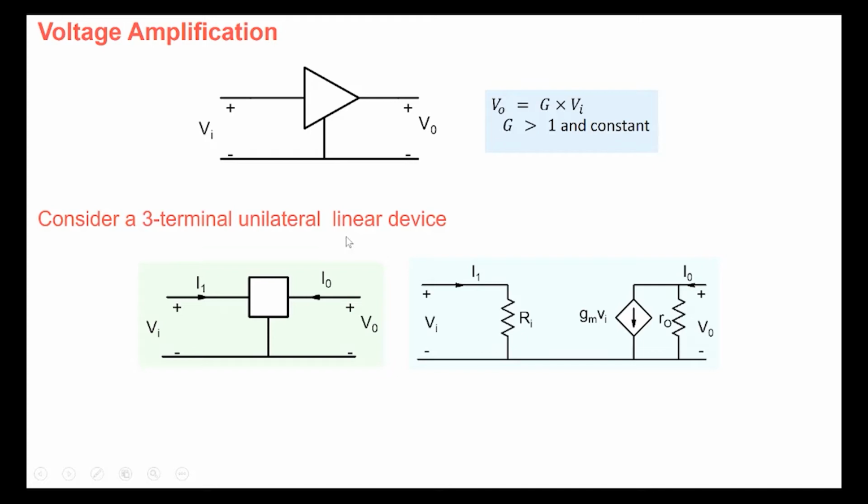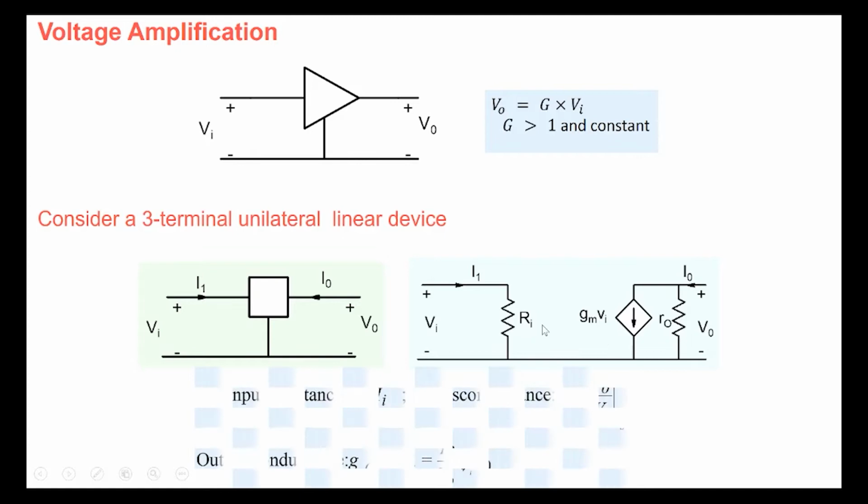And we are saying that this is a linear device, so Ri, Gm, R0 are all constants. Therefore, the relationships between current and voltage here, or between I0 and Vi, are all linear. So this three-terminal unilateral linear device could be represented in this particular form here.